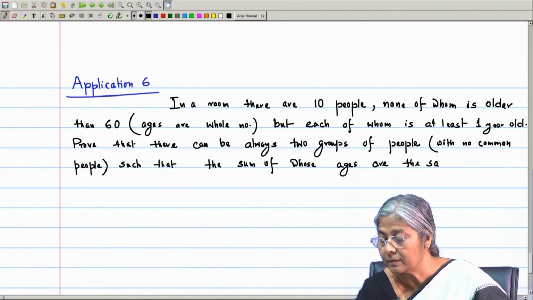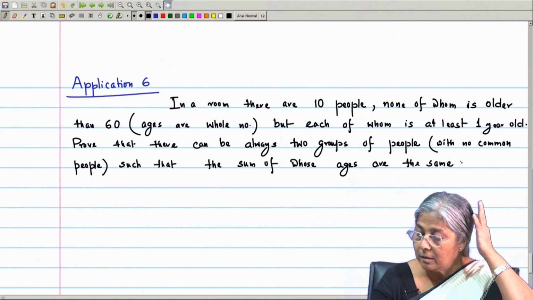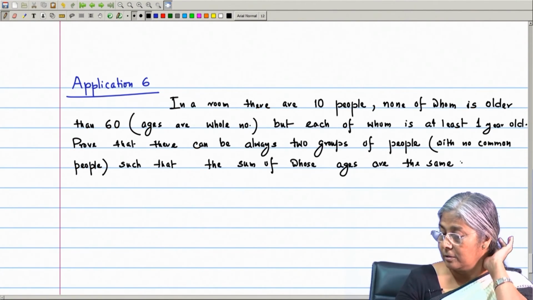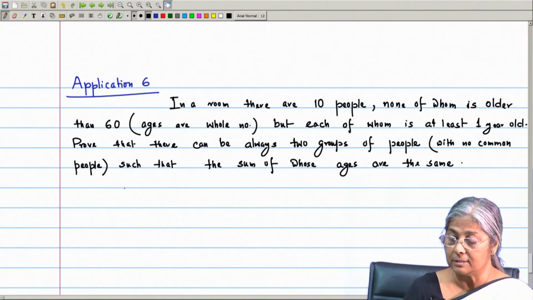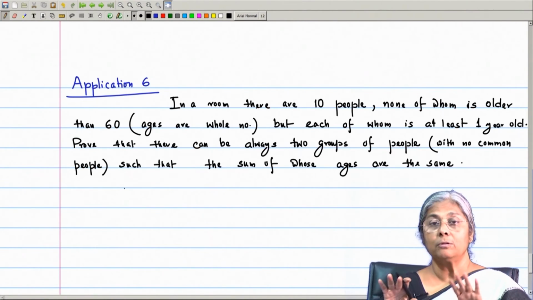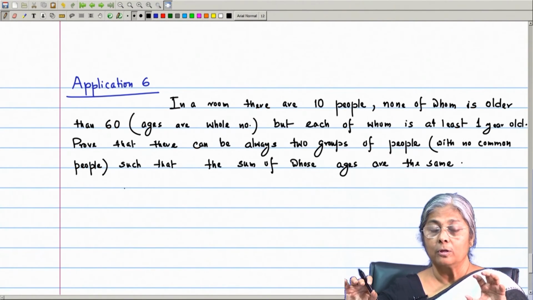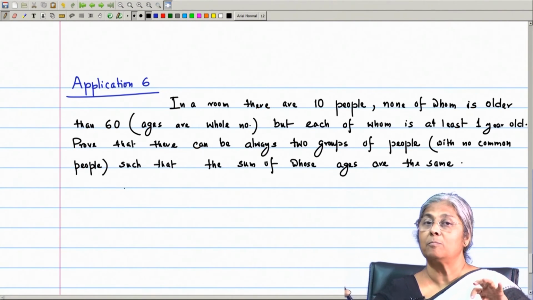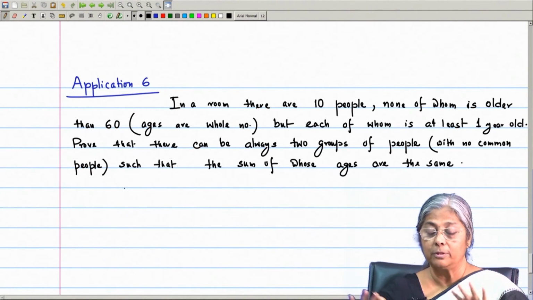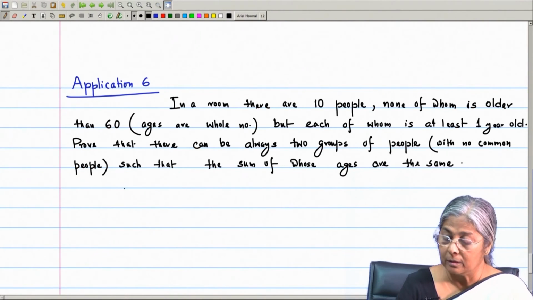So, I have 10 people in a room, and none of them is older than 60. We can always make 2 groups such that the sum of the ages of one group is the same as the sum of the ages of the other group. We have to prove this.